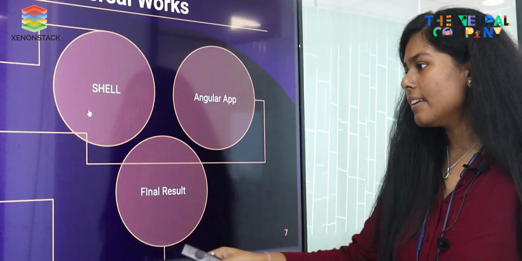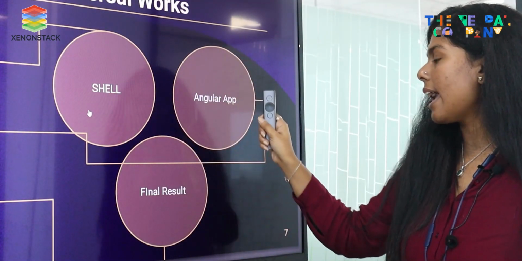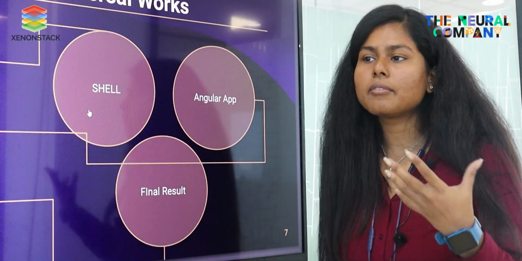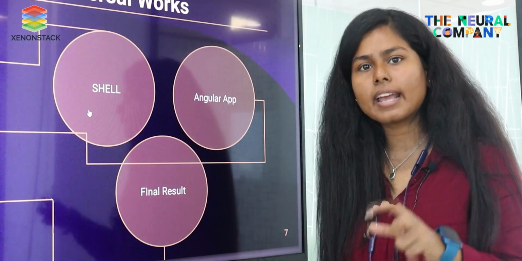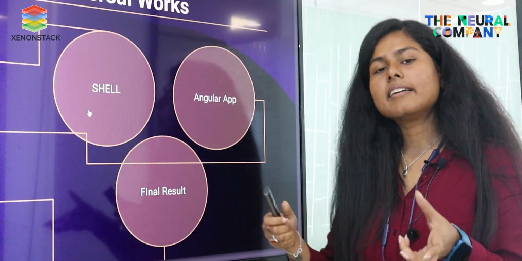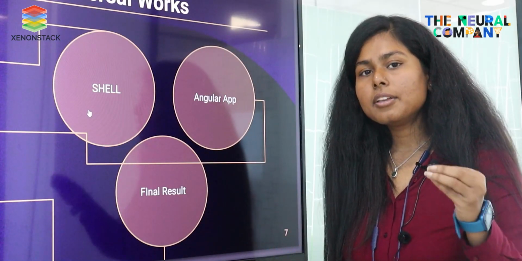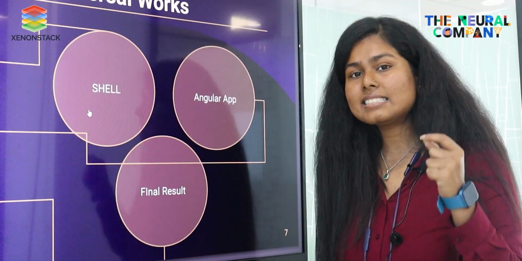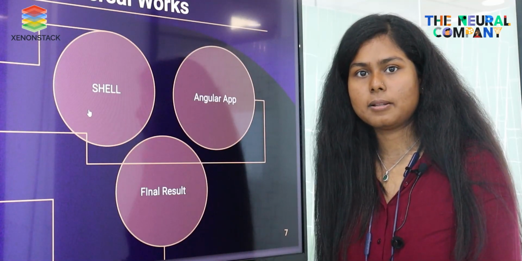Next, the final result contains the shell, the Angular app and the JavaScript part where the user can interact, whether it's a button or a hover or anything. So while the shell and Angular app are running in the backend parallelly, the user takes time to understand what is actually going on. This is the catchphrase of Angular Universal.